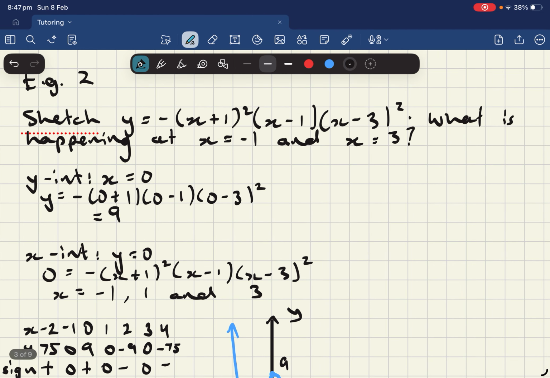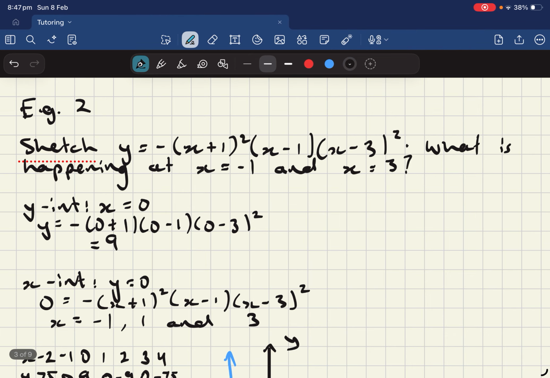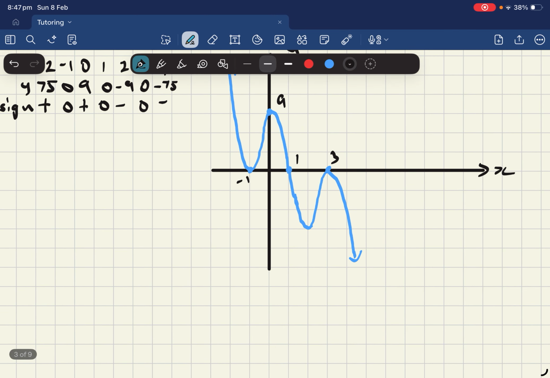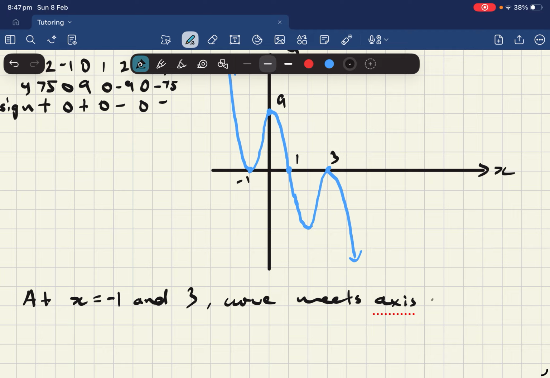Now, once again, the question's asking us what is happening at x equals -1 and x equals 3. It's the same thing as in the previous example. So we can say at x equals -1 and 3, the curve meets the x-axis without crossing it.